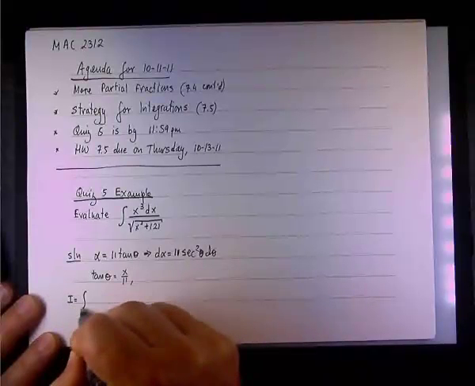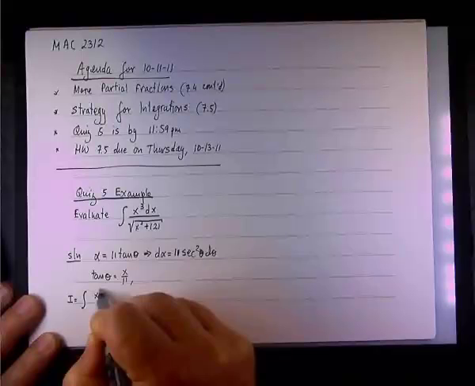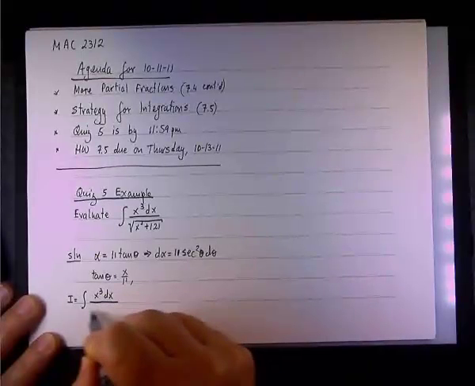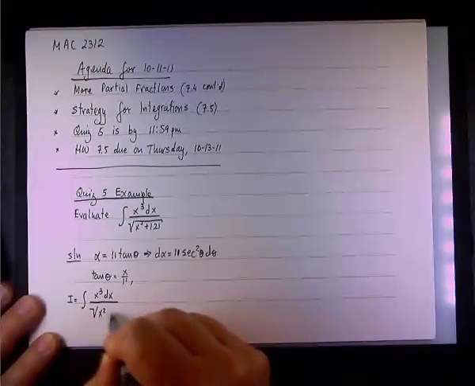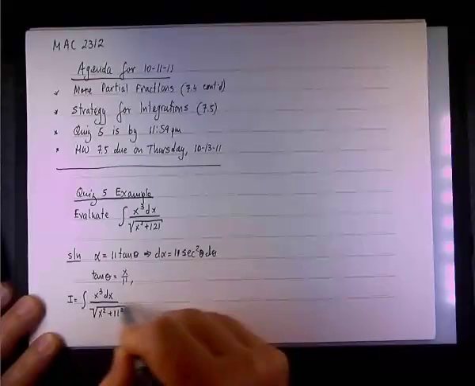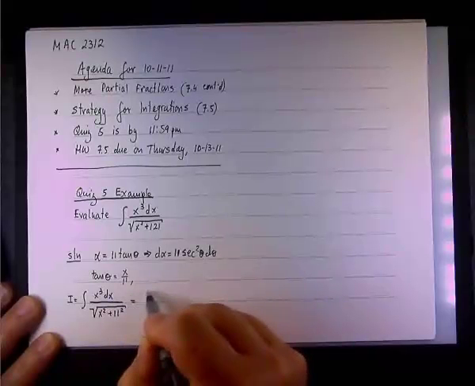So now the integral I, after this substitution, is x cubed dx divided by the square root of x squared plus 11 squared, like so.